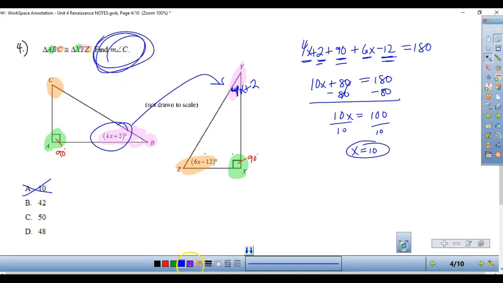It wants angle C. So angle C is right here, and it's blank, but it matches Z. So the measure of angle C equals 6x minus 12.